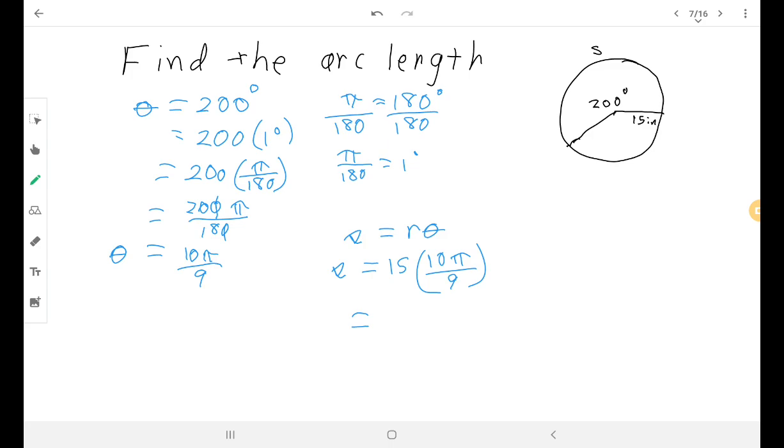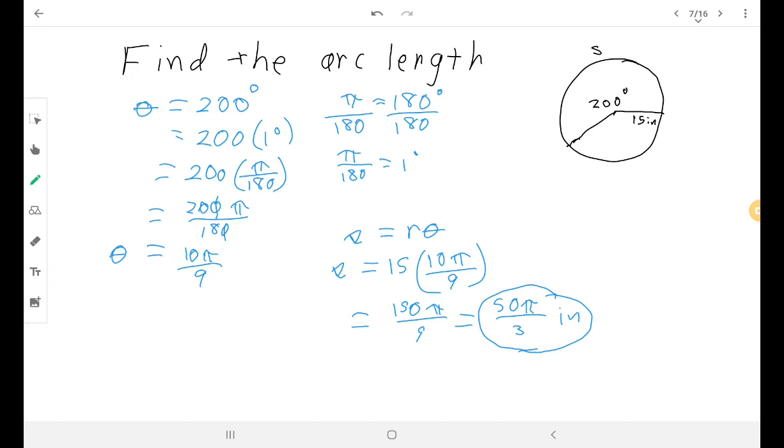And then I could do 15 times 10 is 150 pi over 9. And then 150 and 9 can both reduce by 3. So this would be 50 pi over 3 inches.